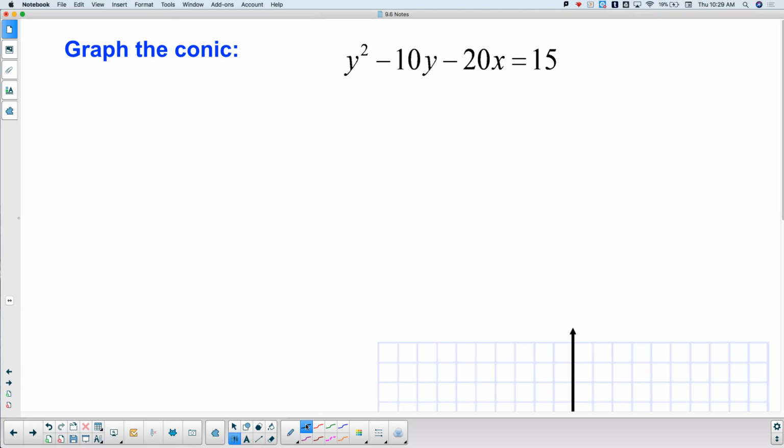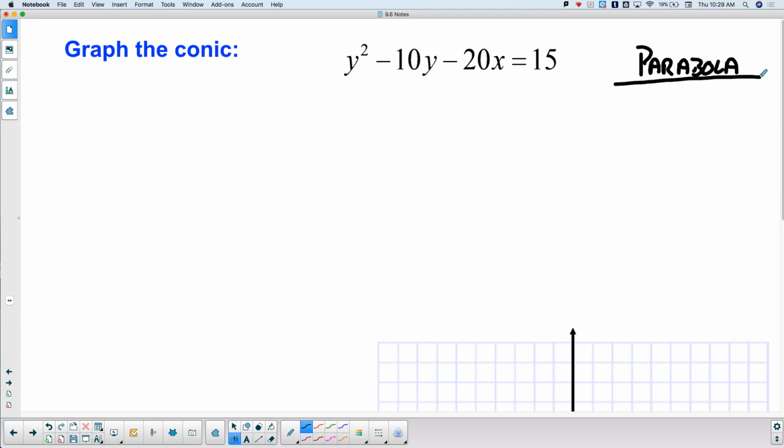It's a parabola. More importantly, what kind of a parabola is it? Okay, four choices. Left? Well, how do we know it's left and not up or down?